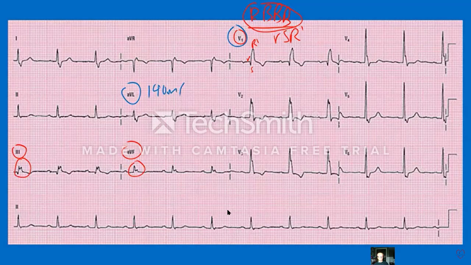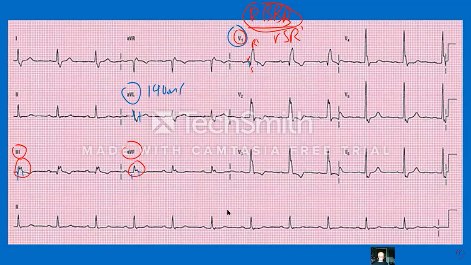If you then took that width and transferred it to the beginning of the QRS complex in leads 3 and AVF with your calipers, you would see that these were actually the same in width.